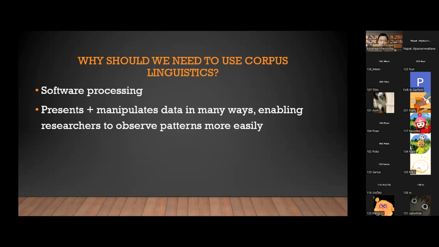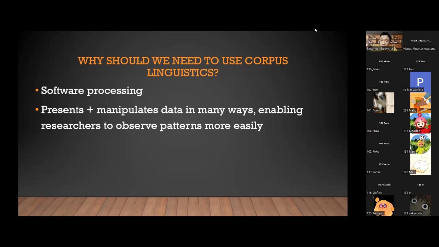And we can present and manipulate data in many ways, and that will enable us to observe the pattern more easily. Just like when we first searched for the word responsible, the software showed us some example sentences in the corpus with the word responsible.